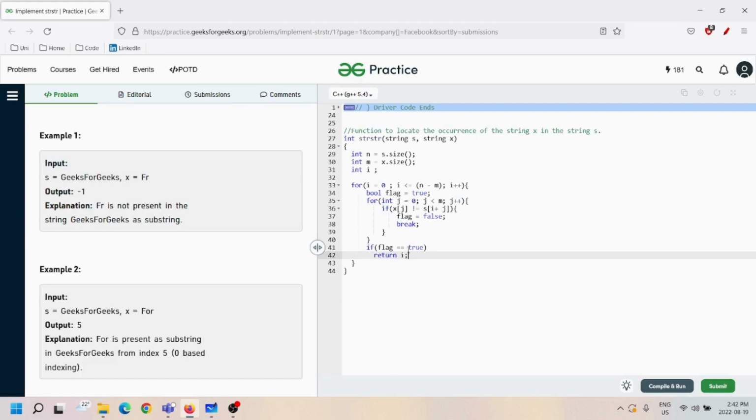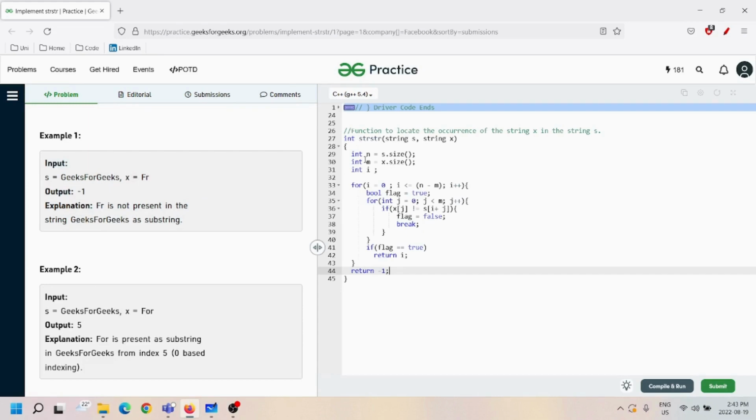But if the flag was false, which means there was a mismatch, we look for another i value, and we keep doing it until the condition n minus 1. And even after that, if we have not come across a situation where the flag is true, which means we have not returned from here, then we return minus 1, as the problem statement suggests: if we are not able to find the string, we return minus 1.